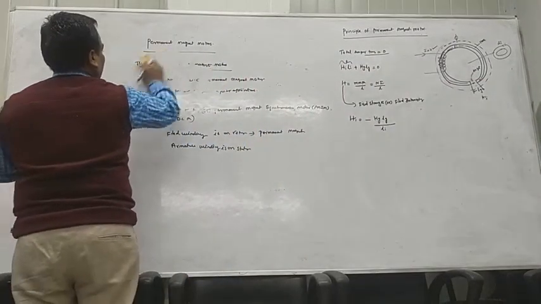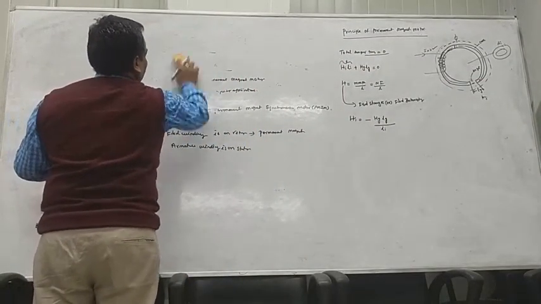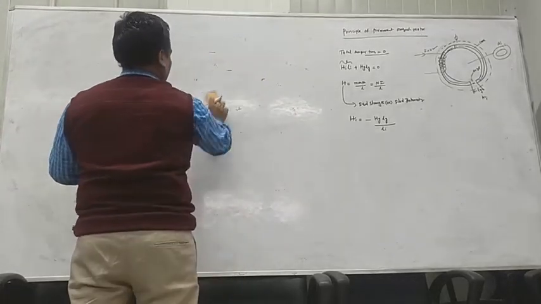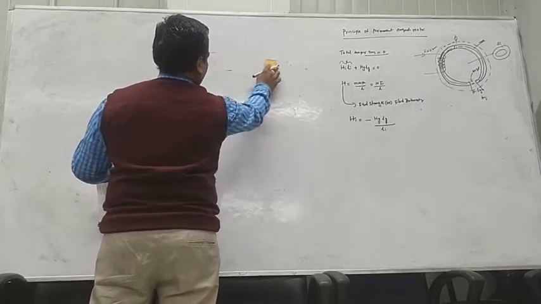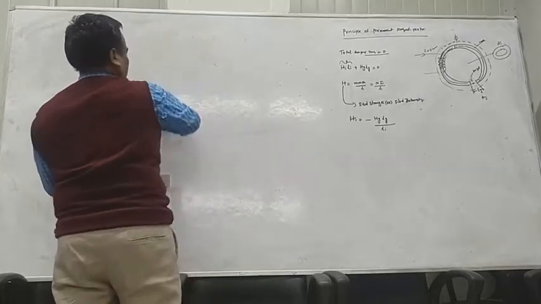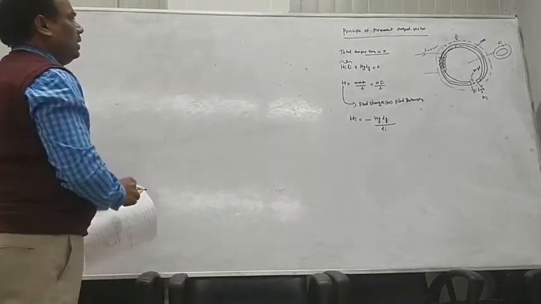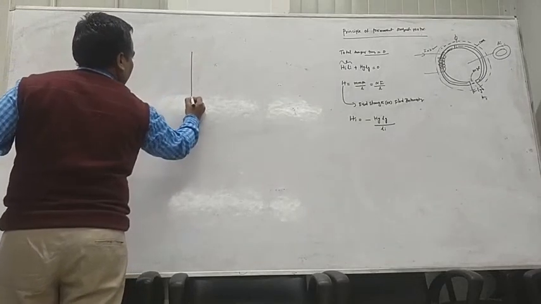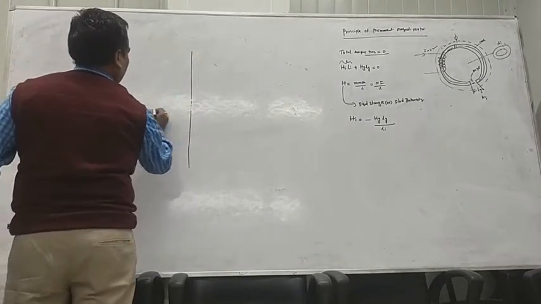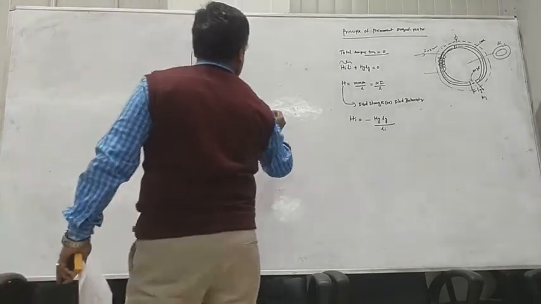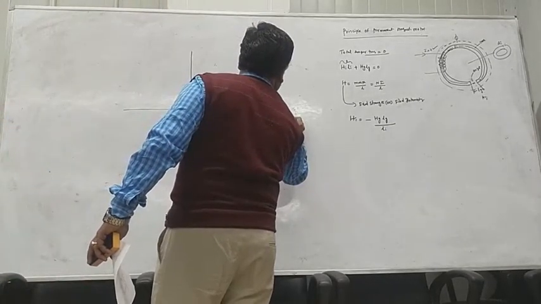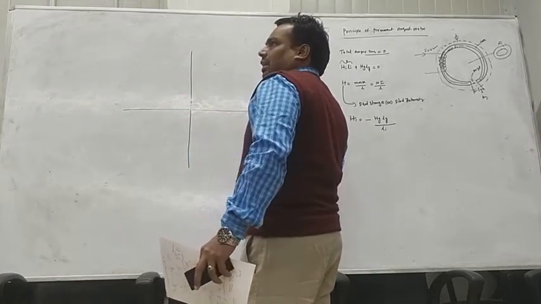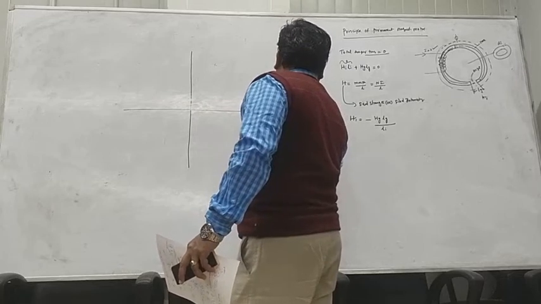Let's observe the BH loop or BH curve for permanent magnetic material. I think I already explained this in the offline lecture. Consider the BH curve: the magnetic field intensity is represented on the x-axis, and the unit for this intensity is ampere turn per meter.